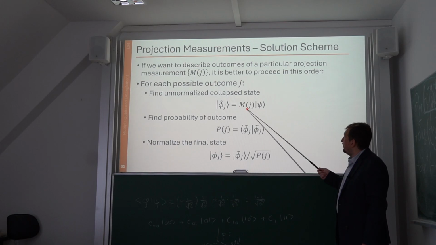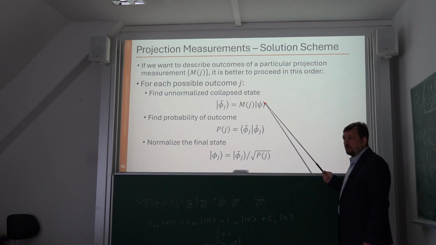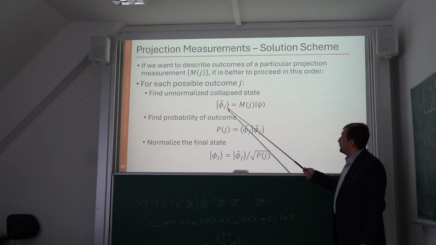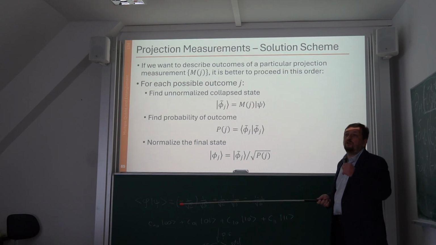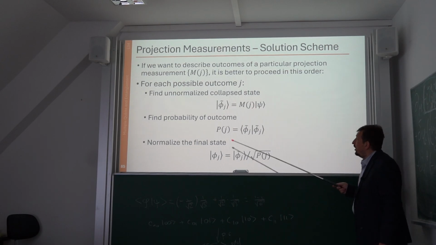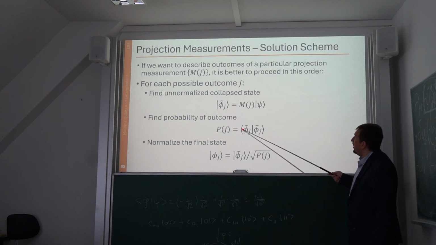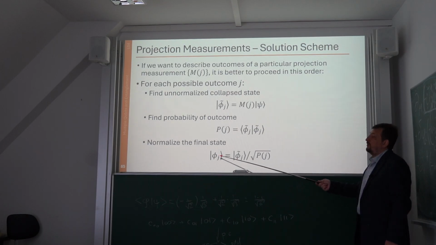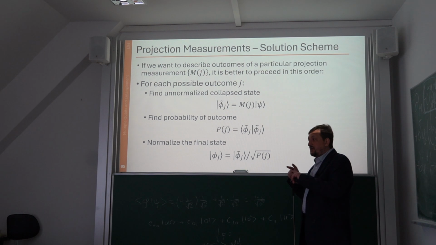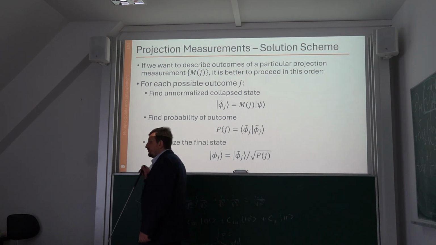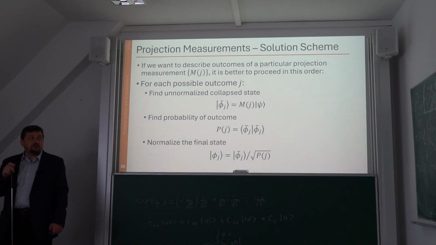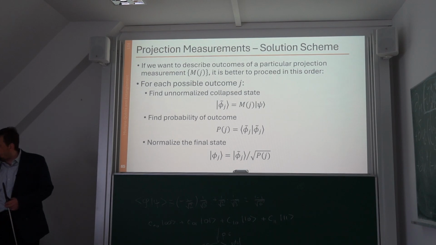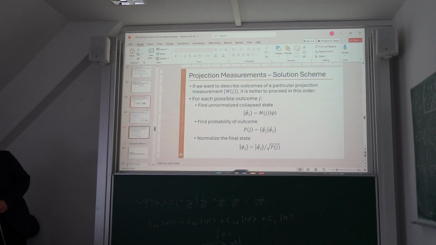You apply this operator to the initial state. You do this for each measurement outcome, only for outcomes which are interesting to you. The probability of this particular outcome is the length of this unnormalized vector. And then finally you normalize it and you get your final state. And this is an absolutely general approach which you can use for absolutely any type of measurements.